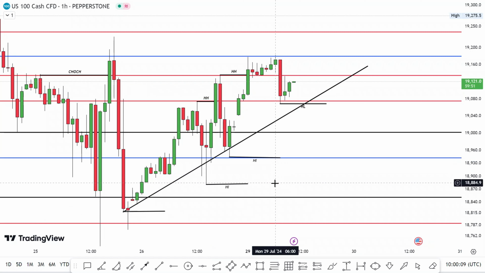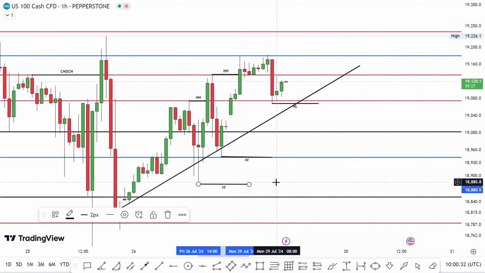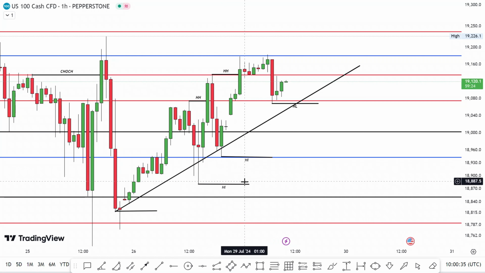No, that SMC strategy does not work for me personally trading Nasdaq. This trend line works. So depending on the kind of pair you are trading, you should be able to find the strategy that works with that pair, because some strategies don't work with some pairs. Like, I've not fully implemented the SMC strategy on Nasdaq, and it worked for me.